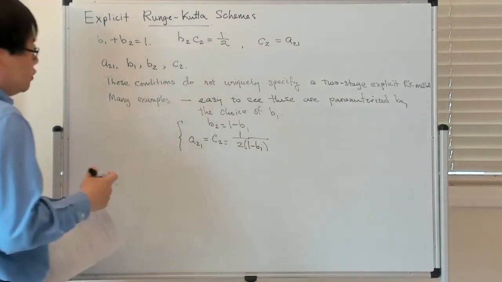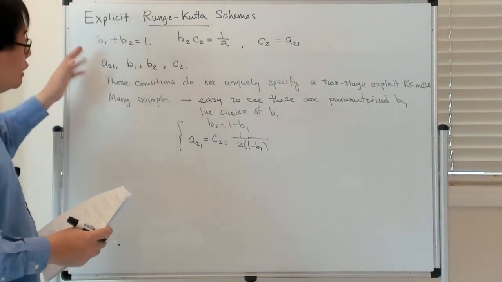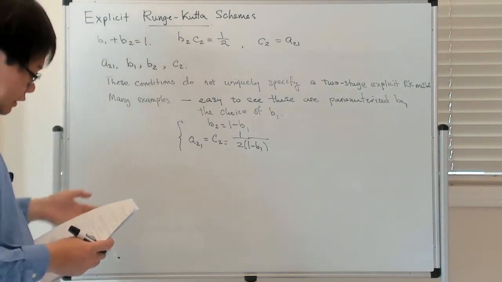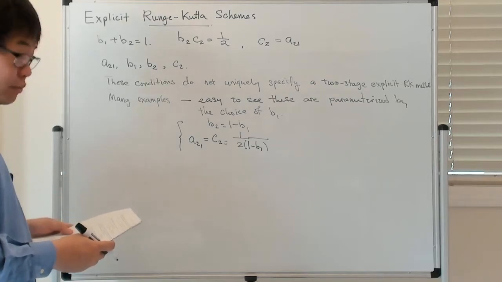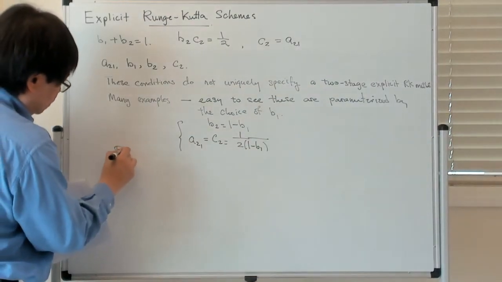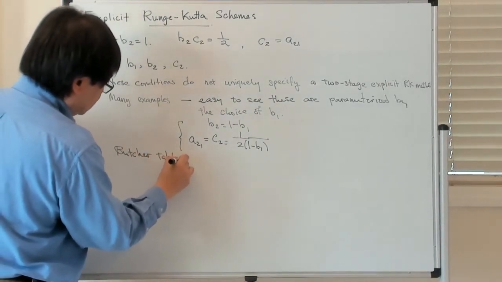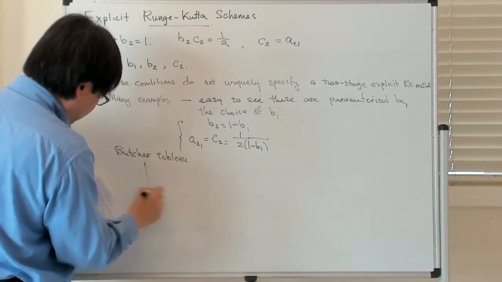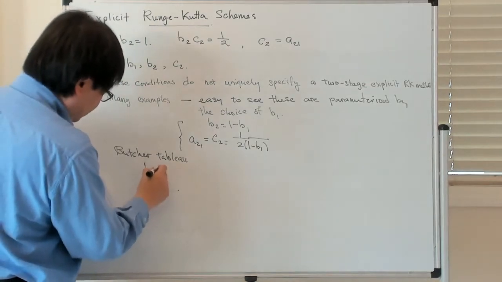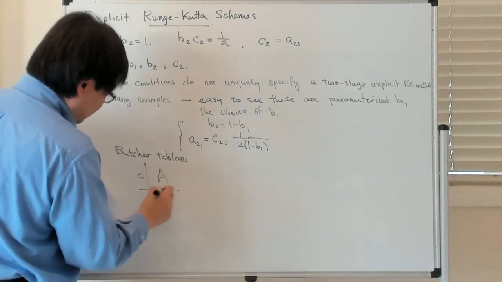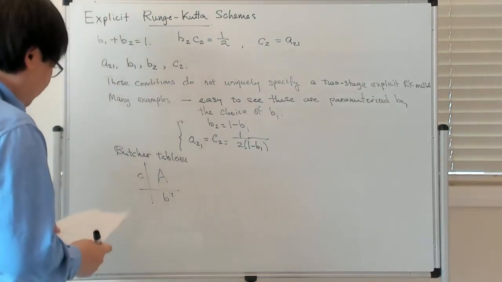All right. So there are many choices, and you can write down a Runge-Kutta method, the A's, B's, and C's, in the form of what is known as a Butcher tableau. So you write this in the form of this A matrix, C vector, and then this B row vector is written as a row vector.